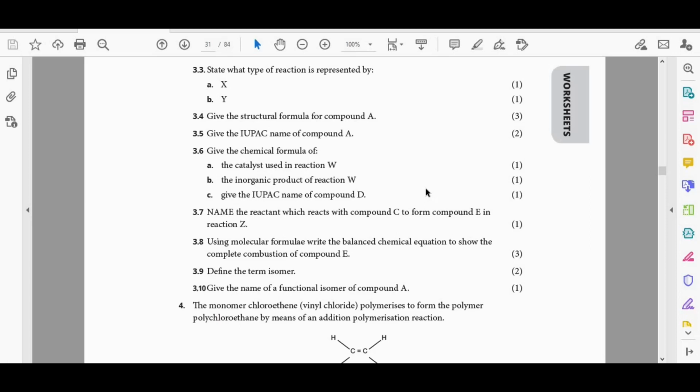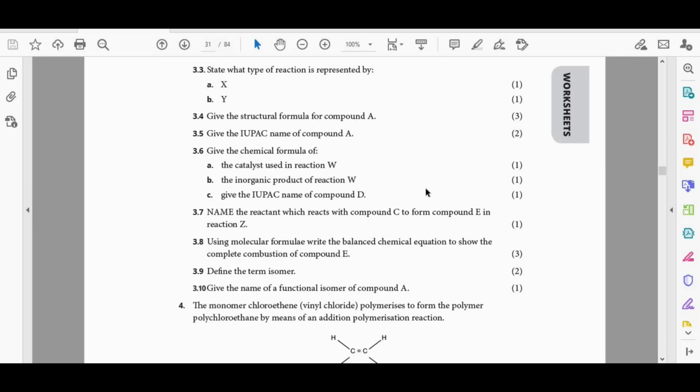So if I had propanoic acid, that would be the same molecular formula as methyl ethanoate, but I've changed the functional groups. No longer is it just a C double bond oxygen for a carboxylic acid, but for an ester, the double bond oxygen and a single bond oxygen onto 1 carbon.